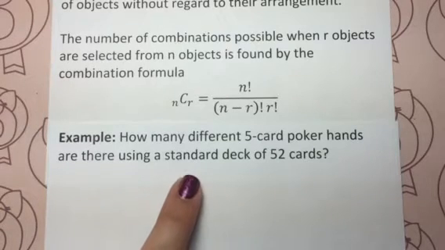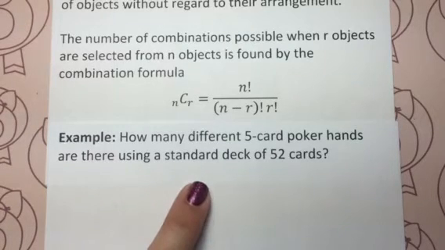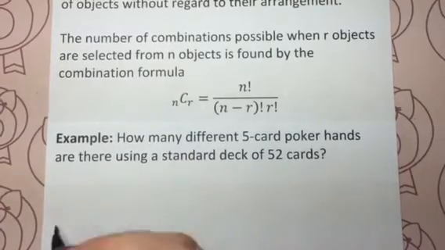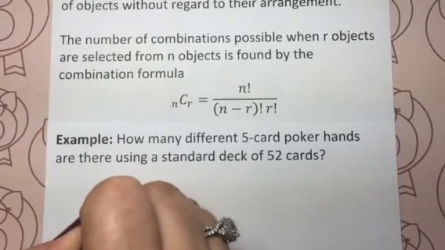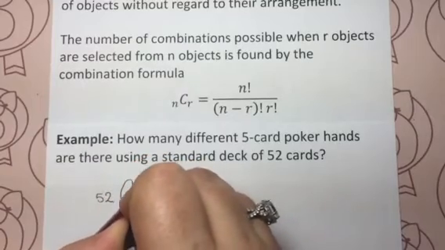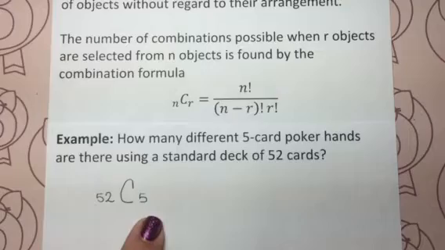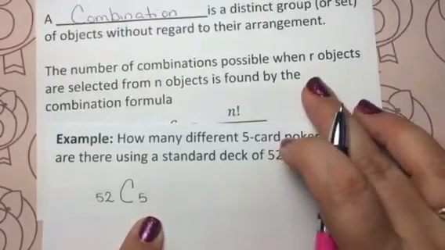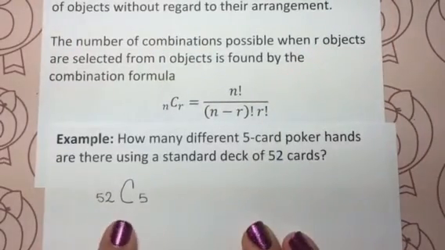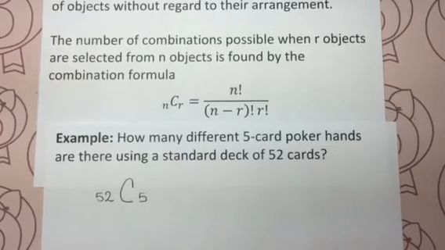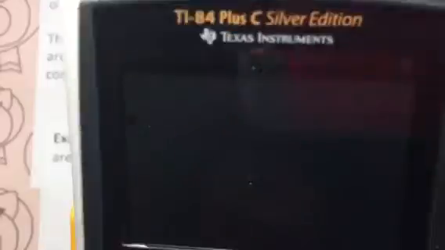So in this case, I don't care about order. I need a combination. I have 52 cards, and I want to choose 5, right? 52C5. Now, I could go through this formula. Oh, it's not going to be pretty. We're going to be here all day. That's what this is for.